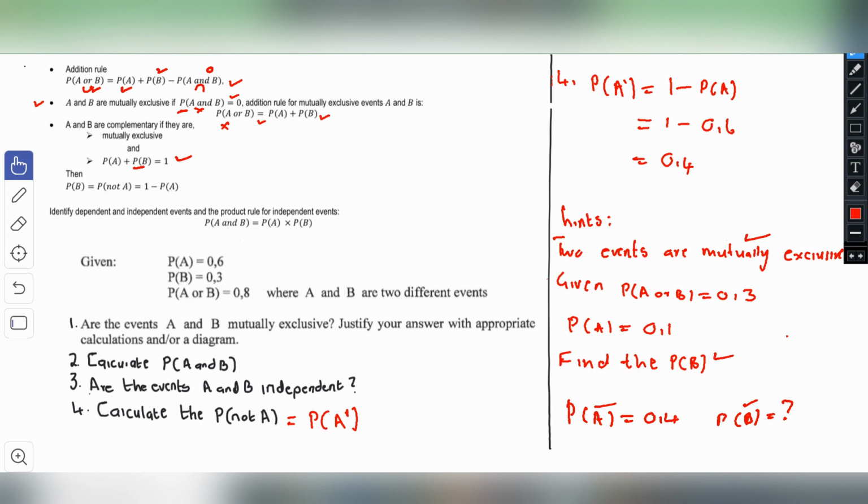Can you see how the examiner might trick you? And whenever they say the two events are independent, you just know the formula. So just play with those formulas, guys. It is very important to know the formulas of mutually exclusive, complementary, and independent events.